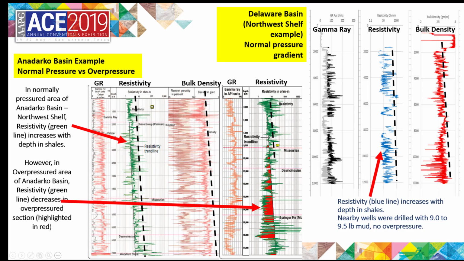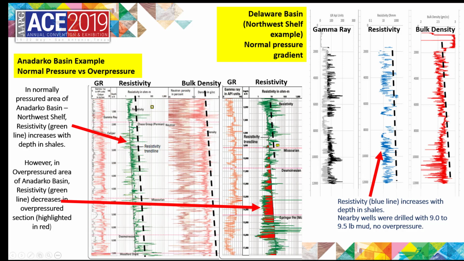In a normally pressured area on the northwest shelf, this is gamma ray, this is resistivity, and that resistivity is just gradually increasing with depth. This is about 3,000 to about 8,000 feet right here. The bulk density is gradually increasing with depth. In an overpressured area, however, in the Anadarko Basin, that resistivity decreases once you hit the overpressure.